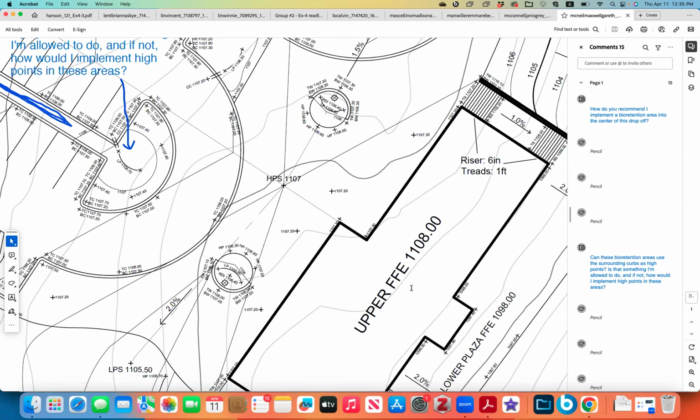So your FFE, you could just do 107.50. Here, you calculated this one and just use that number. Okay. Make the upper FFE that number. That's 107.50. Okay, all right, thank you. Great. Good.